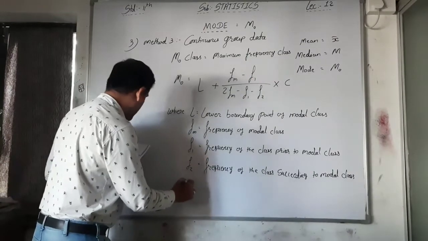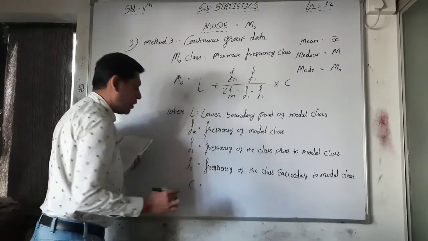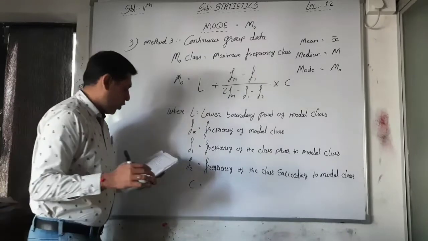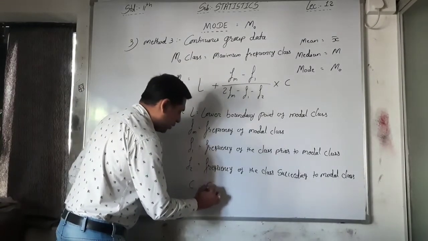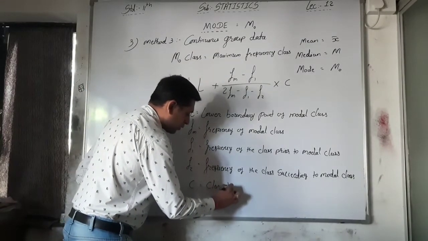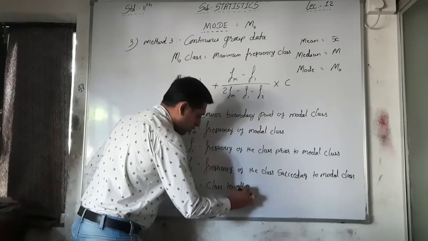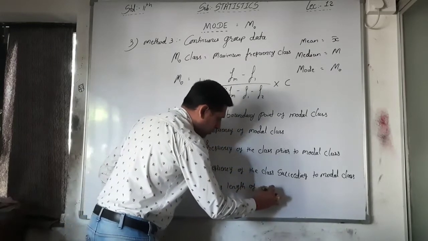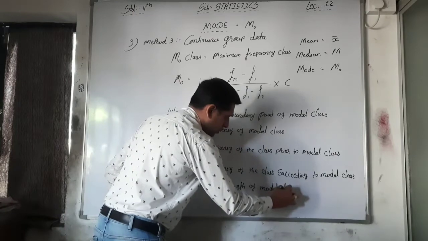And the last one is C. C is equal to class length, or class interval, of the modal class.